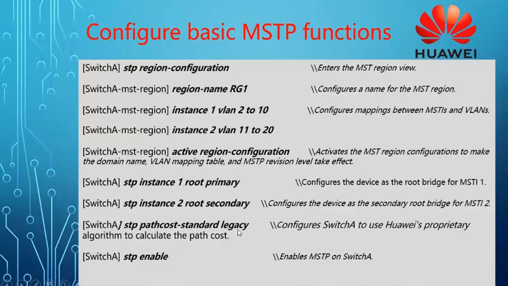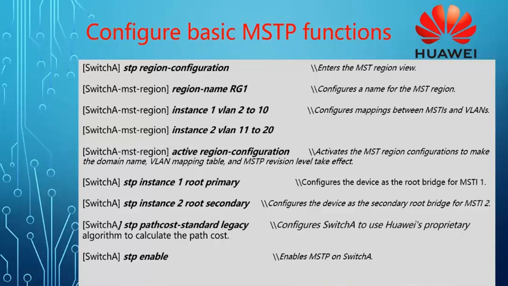This standard is a Huawei proprietary standard. And at the end of my configuration, I should enable STP, because depending on your switch and the VRP version, STP may not be enabled by default.